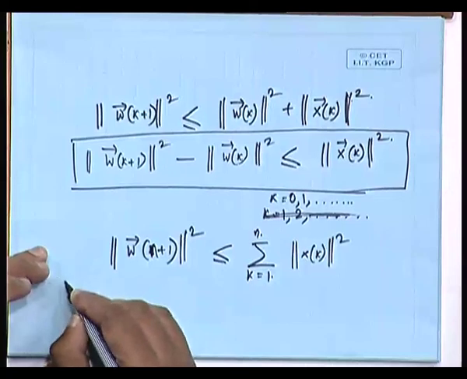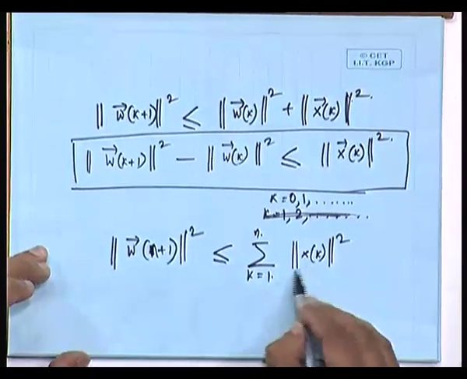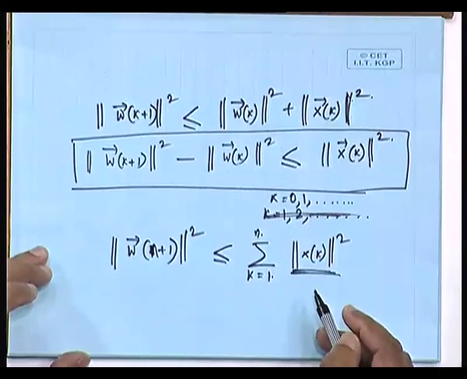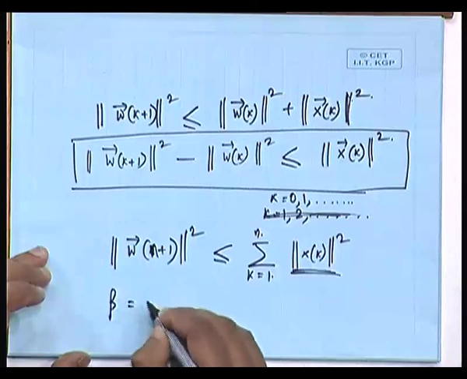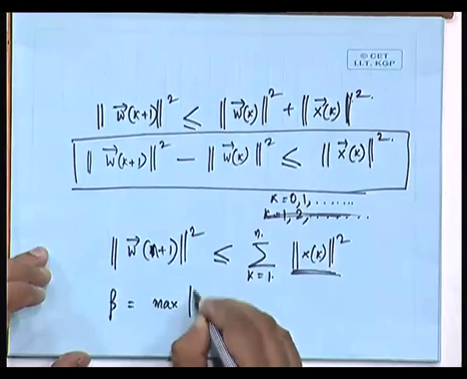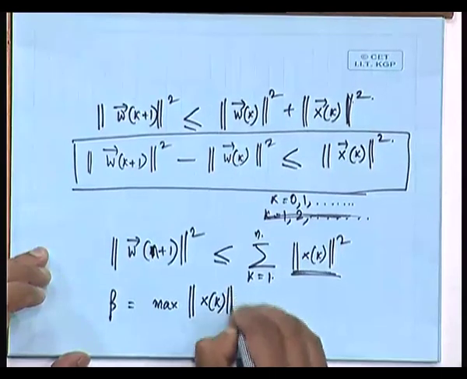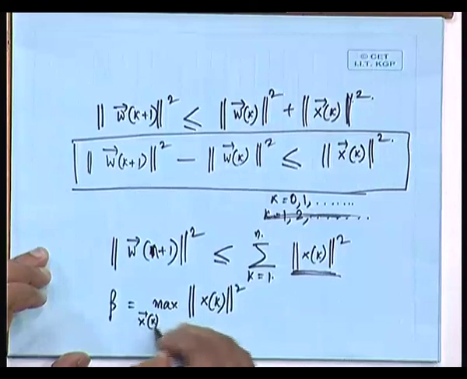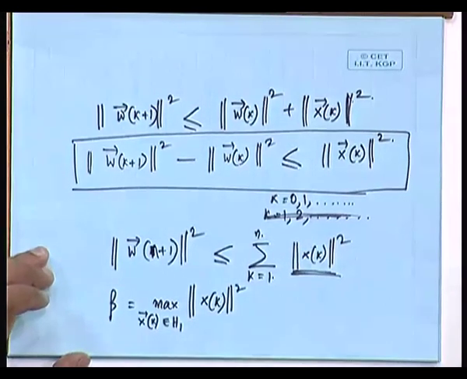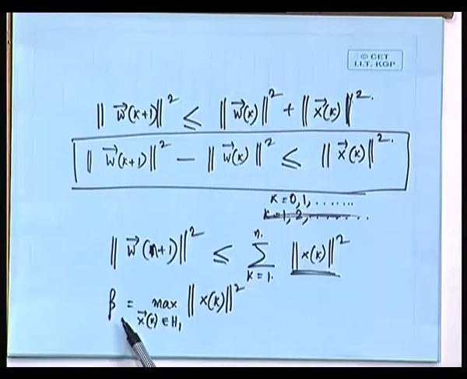And how conveniently can we express it? So let us define a positive quantity, norm of x square is definitely going to be positive, isn't it? So let us define beta as a positive quantity which is going to be the maximum of this xk square. And where do we define xk? This xk all belong to the space H1. So xk is picked up from the space H1 and we are taking the maximum value of that as beta.